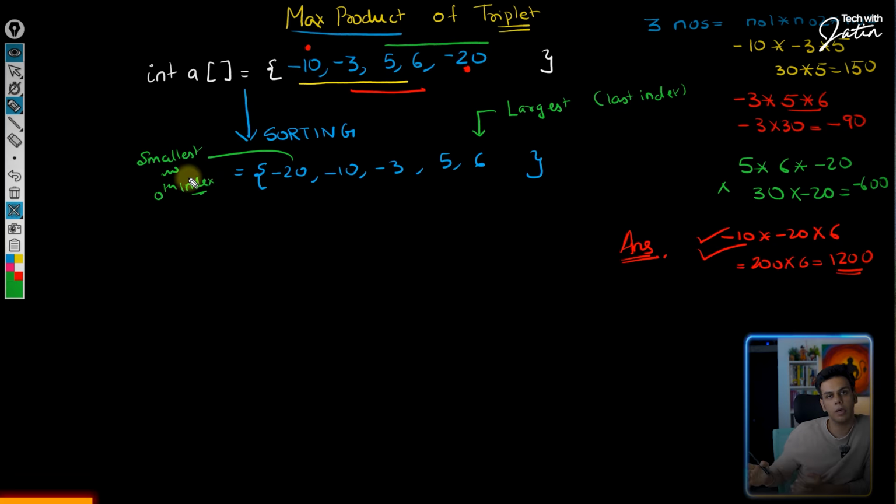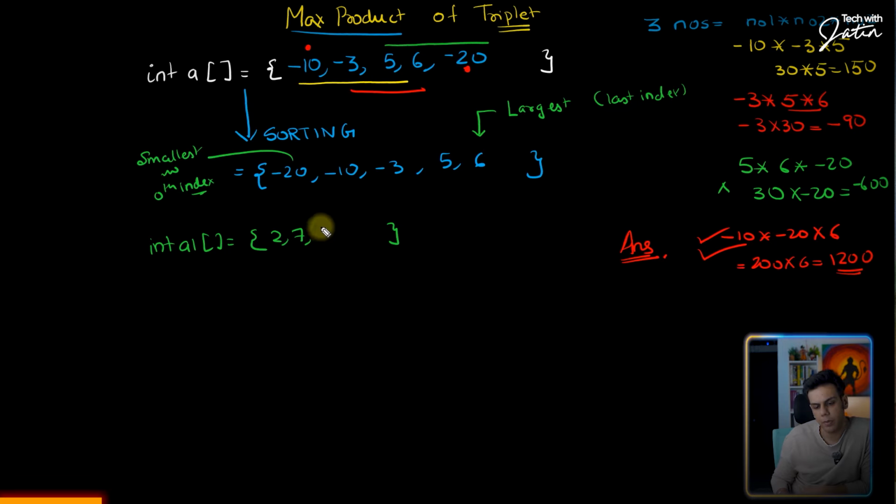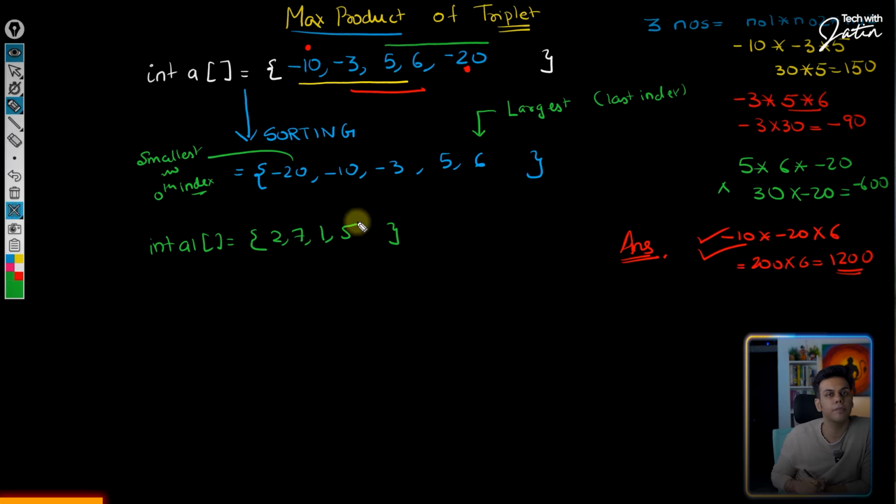But the main thing over here, guys, is, if we were having all positive numbers, let me change this. Let's say we have another array, integer a1, and let's say we have only positive numbers: 2, probably 7, 1, and 5.